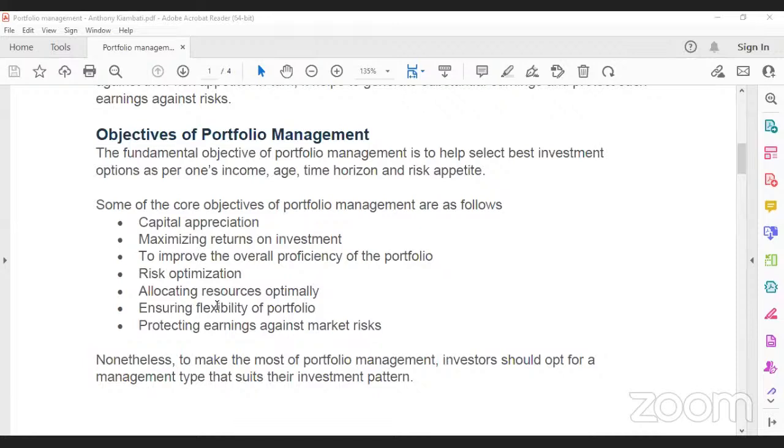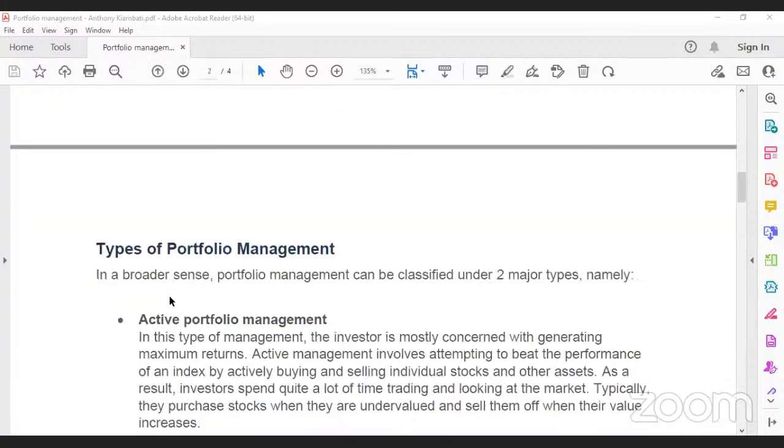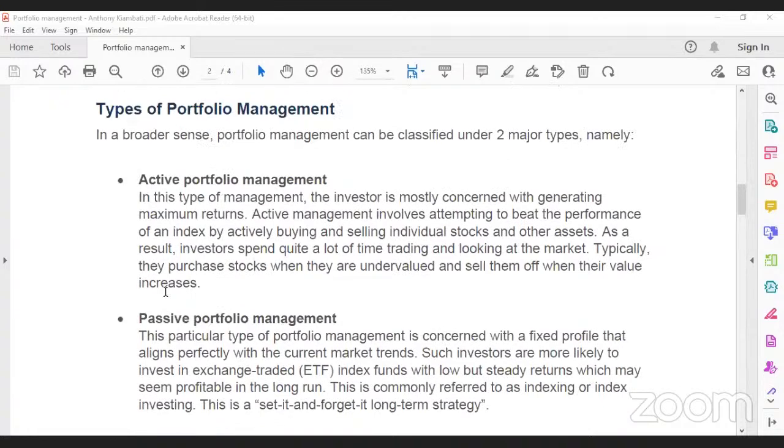I'm going to talk a lot about that. Then allocating resources optimally, ensuring flexibility of the portfolio, especially going with the market conditions, and protecting earnings against market risk. So those are the objectives. Don't worry, guys. I'm going through it quite fast because we'll have a practical session, so don't worry about it.